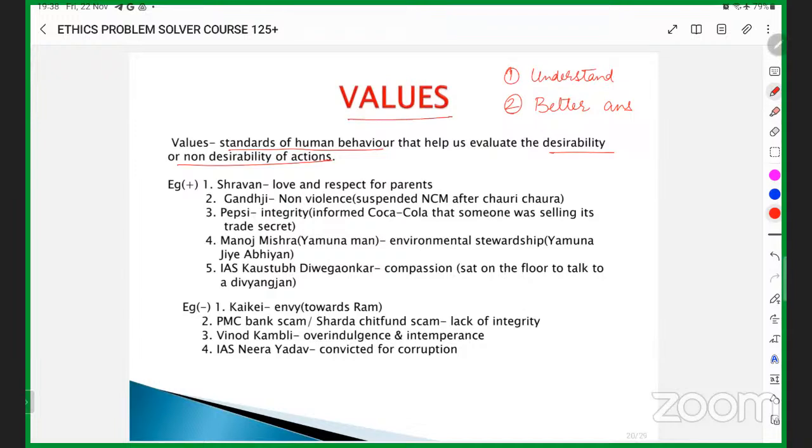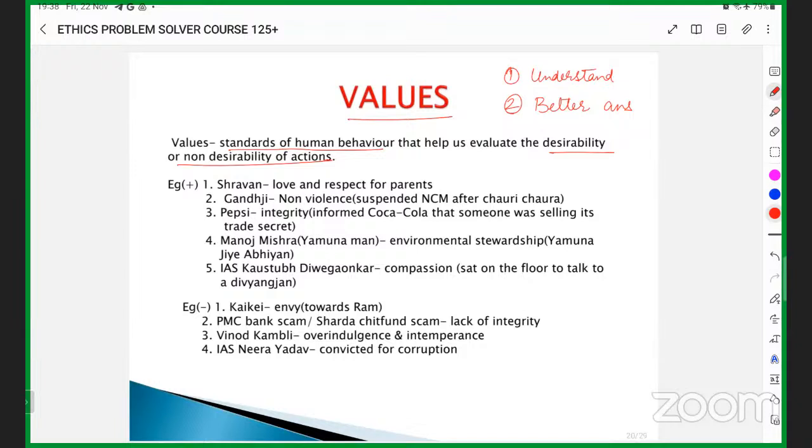So what are values? Let me explain this by giving you an example. Suppose you go to one of your friend's house and there you observe how he or she treats his or her elders, parents or say grandparents. Now suppose that person shows the emotion or values of love and respect towards their elders.